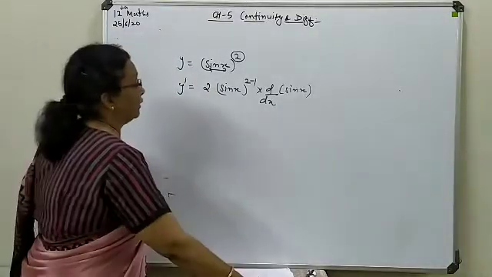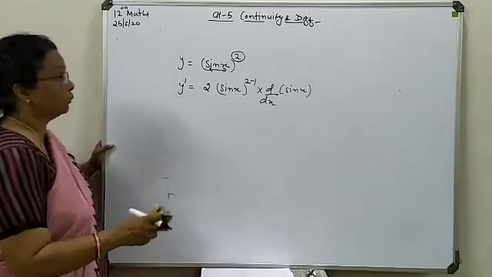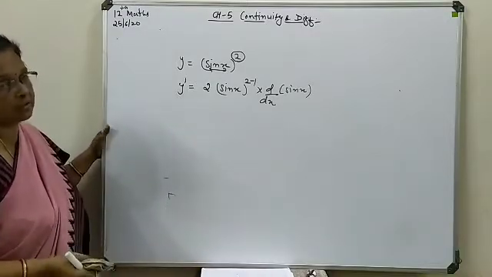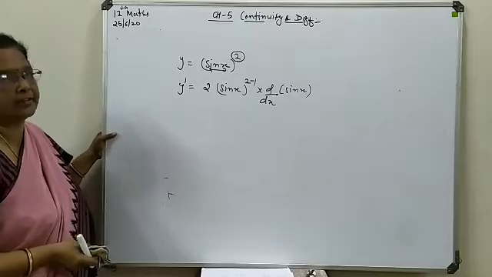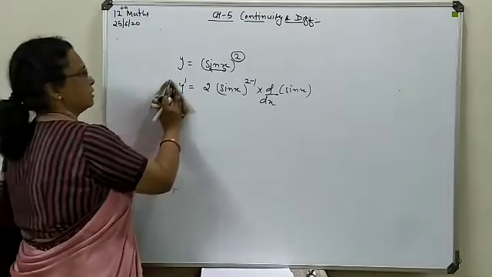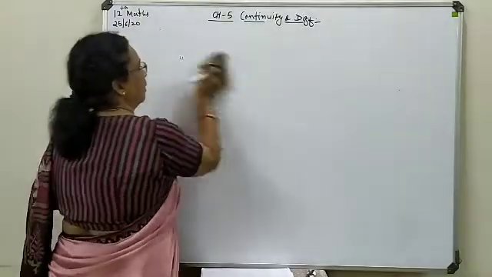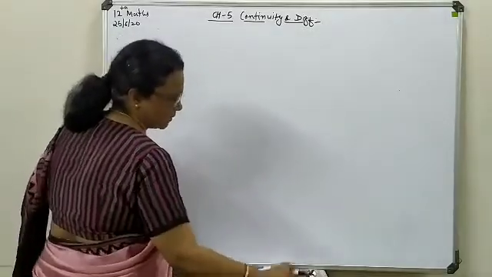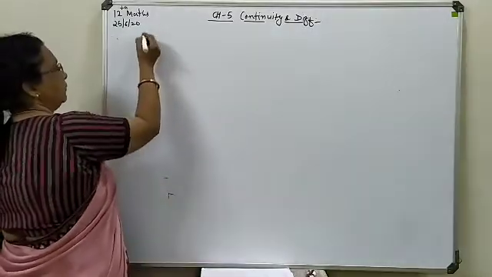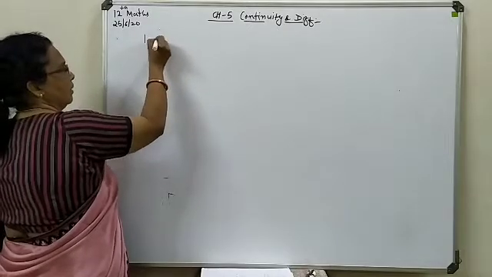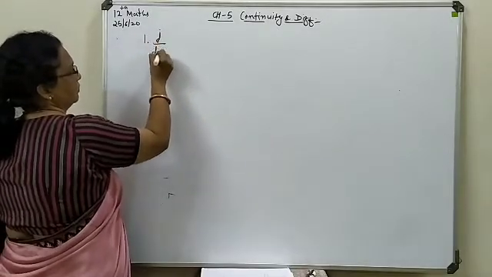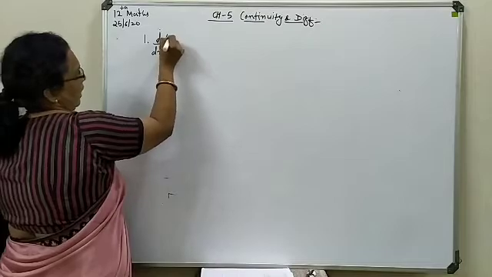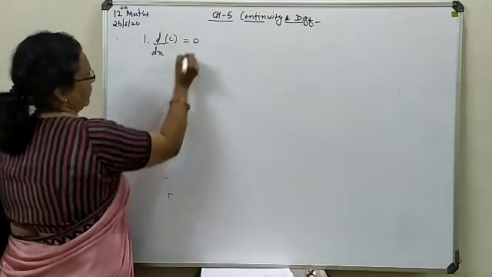Now before we write some more combined forms, we just go for the formula list for derivatives. That is also a revised one, for revision purpose only. That list we already discussed last year. So basically, differentiation of any constant you will write as 0.